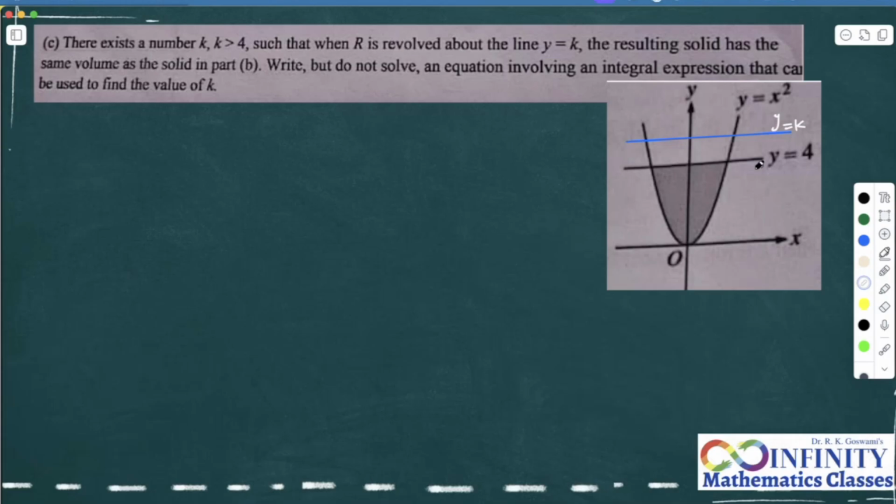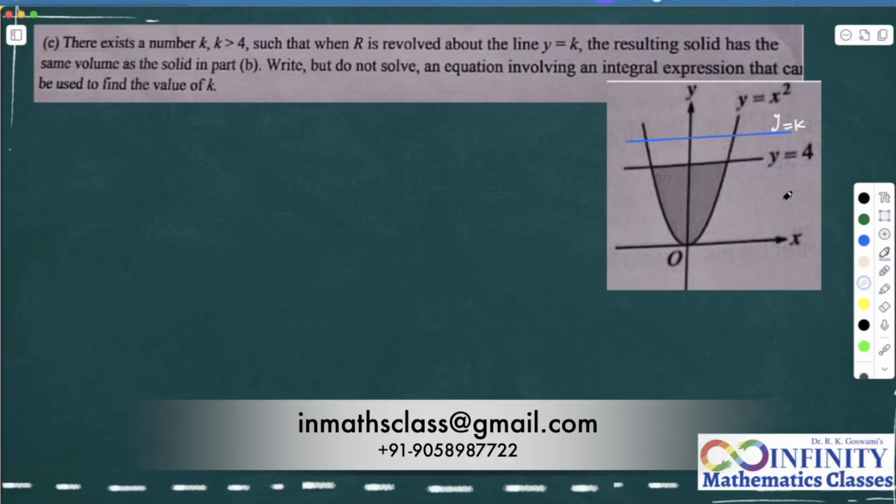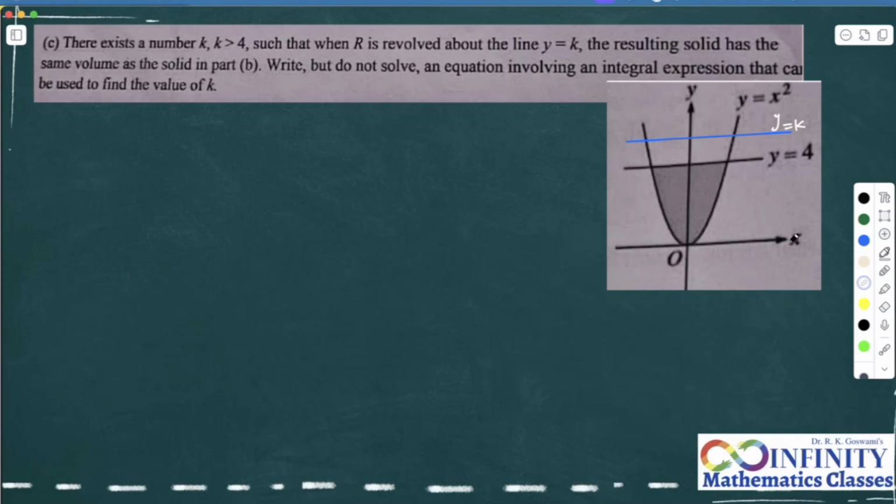So this time you are revolving about the line y equals k. Not an issue up to this point. I need to get the R there again; this R can be anywhere. I'm again going to take a vertical strip like before.